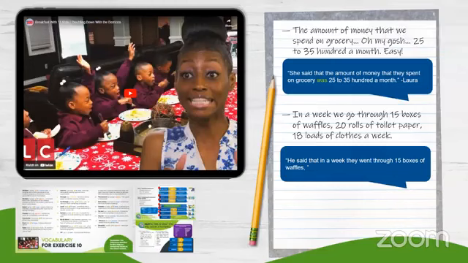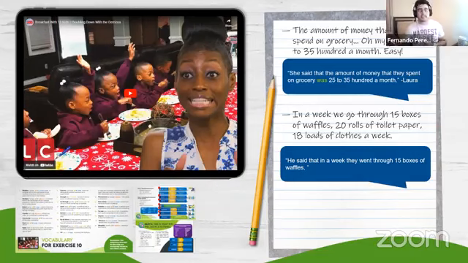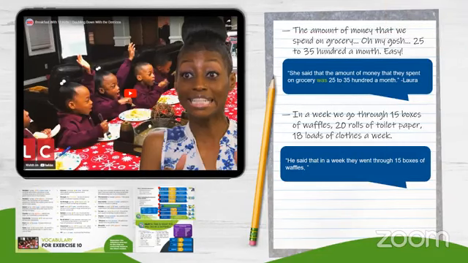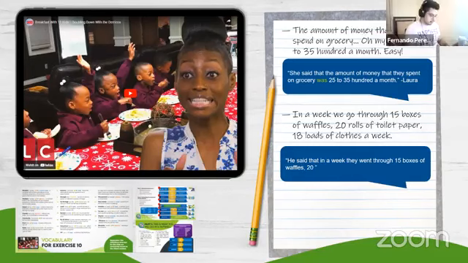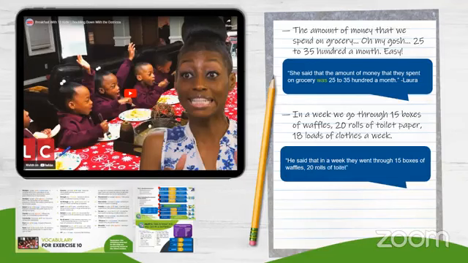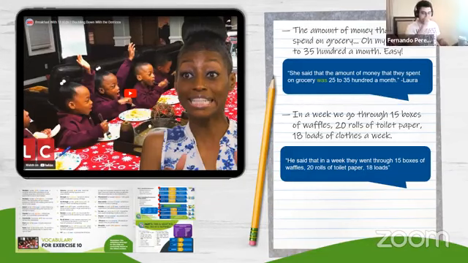Is there a second part? The information is there. 20 rolls of toilet paper. 18 loads. Is "load" a verb? No, it's a concept.